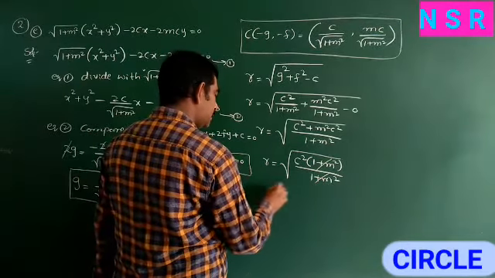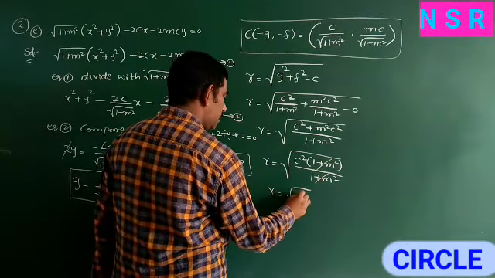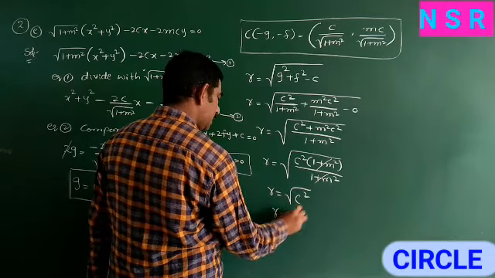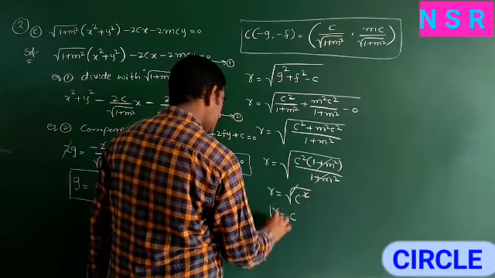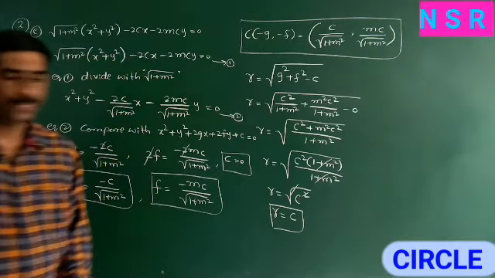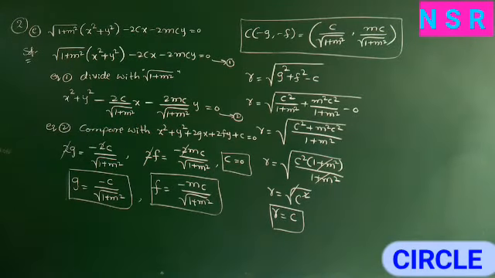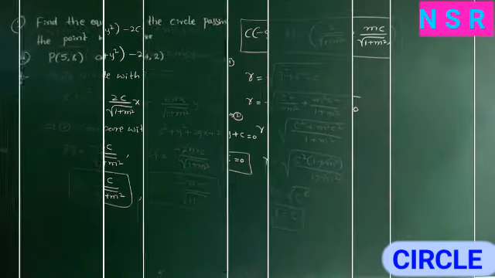Now 1 plus m square gets cancelled, r is equal to under root of c square. Now the square root gets cancelled, so r is equal to c. Now the center of the circle is c by under root of 1 plus m square, mc by under root of 1 plus m square, and the radius r is equal to c. So this is a very important question, practice it in rough notes.